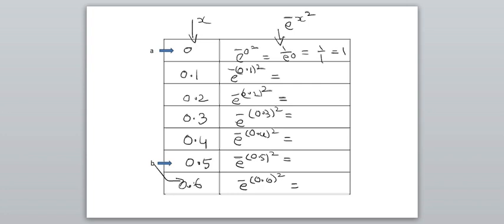Now using a scientific calculator, if you calculate the values, the 0.1 value is going to be 0.99. The next value is 0.9608. The next one is 0.9139.